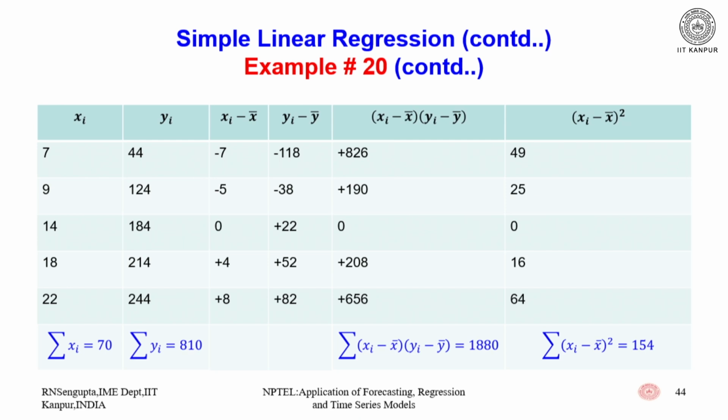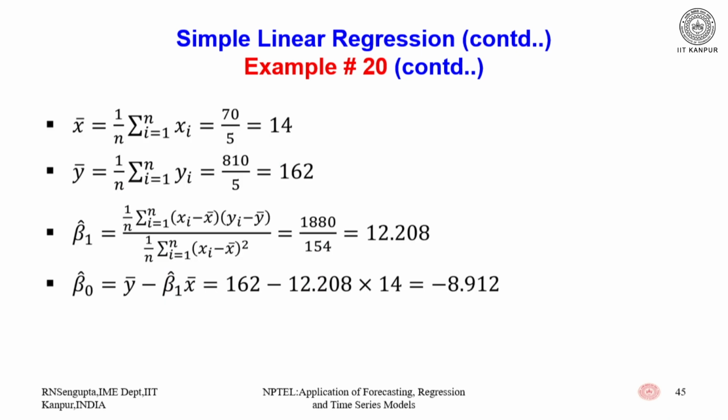So if you remember, the formulas are not different, again I am mentioning. Based on that I find out x bar, y bar, beta 1 hat, beta naught hat, and the values come out to be, for beta 1 hat, plus 12.206, and for beta naught hat, minus 8.91.